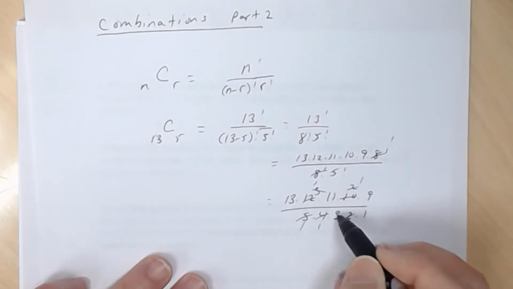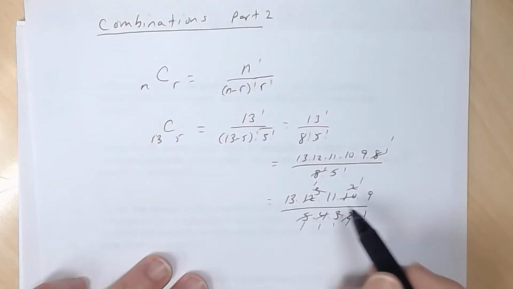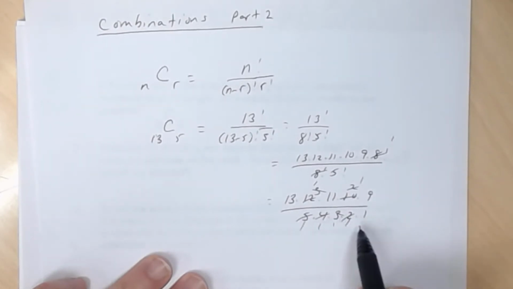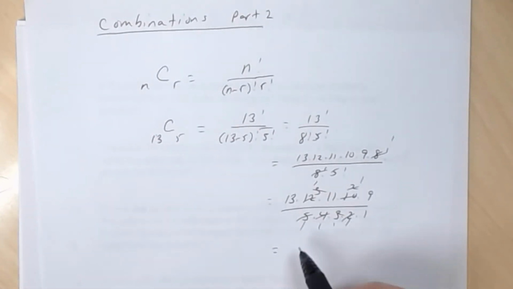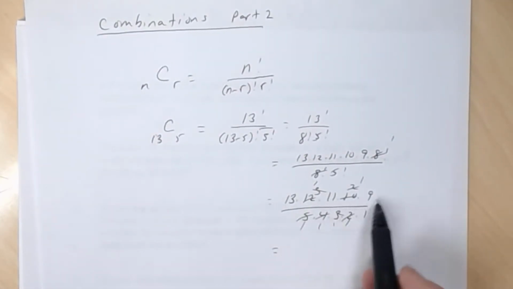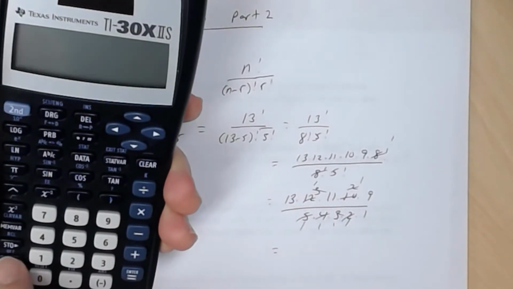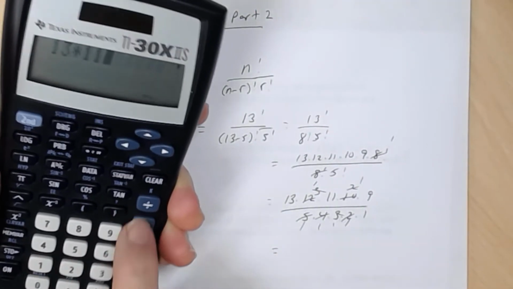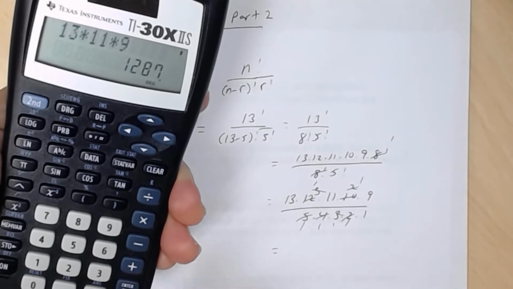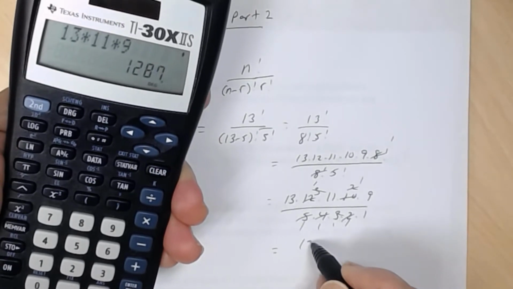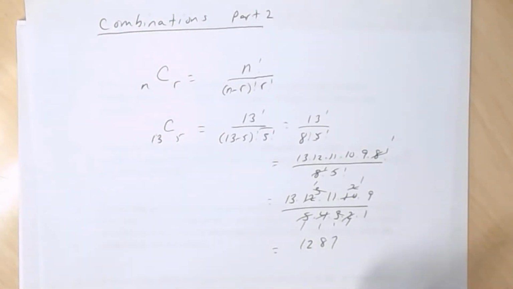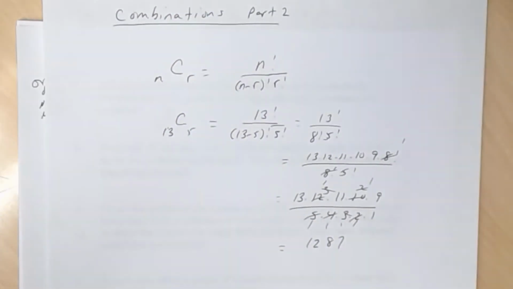Then these 3's divide out, and I'm done, because everything in the denominator is 1. So just use your calculator: 13 times 11 times 9 gives me 1,287. That's how you would do it by hand.